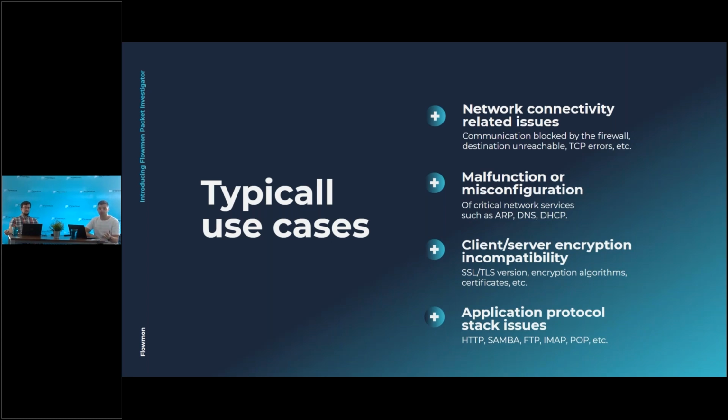Very often it could be DNS, it could be DHCP, elementary protocols and services that are critical to the functioning of the network. The client-server encryption incompatibility is here very much because we will show this use case on live data today. But definitely there is a much wider range of application protocol issues that we're able to automatically find a root cause for.